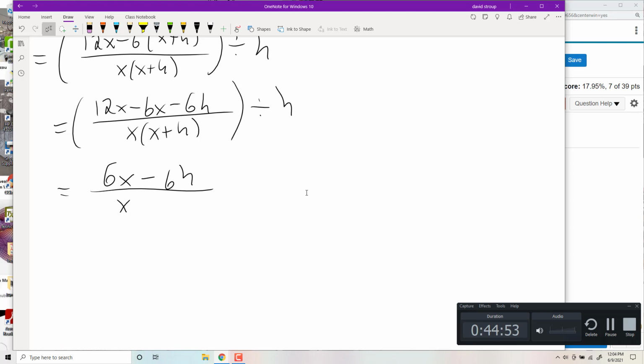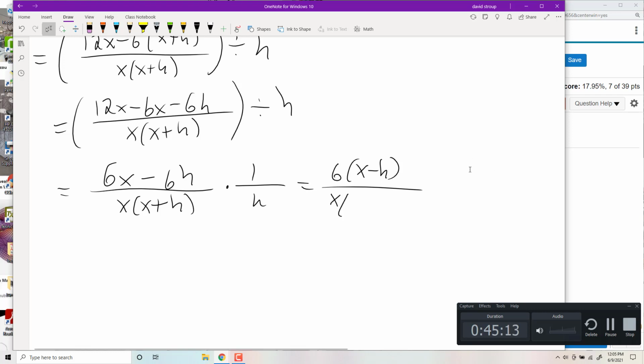And here's where I kind of realize I made a mistake, because I'm not getting any cool cancellations, which I knew I should get. You could rewrite division by h as times 1 over h. And then here I'm really starting to realize that I screwed up. Yeah, and I'm going to go look back at the answer and wonder what I did wrong here any second now.